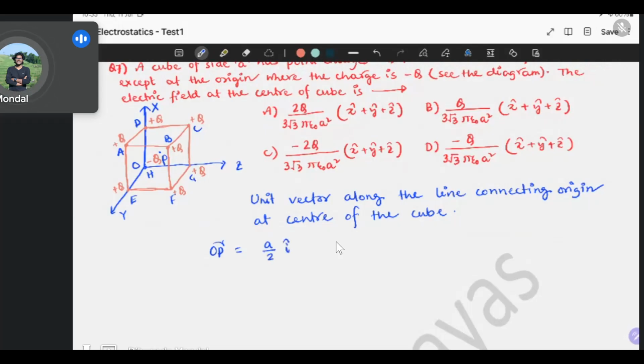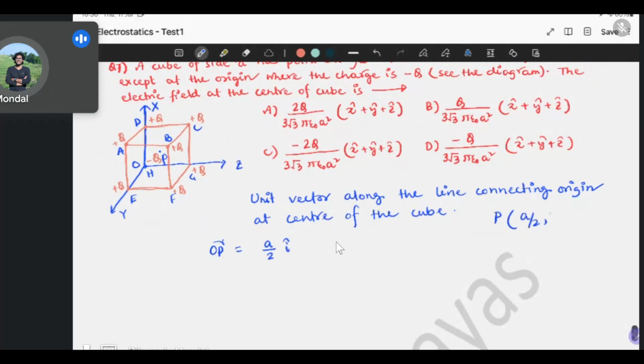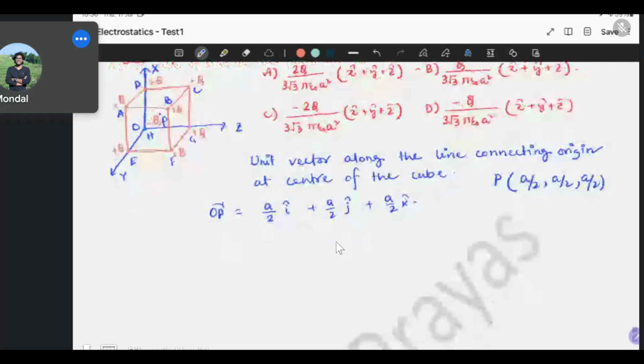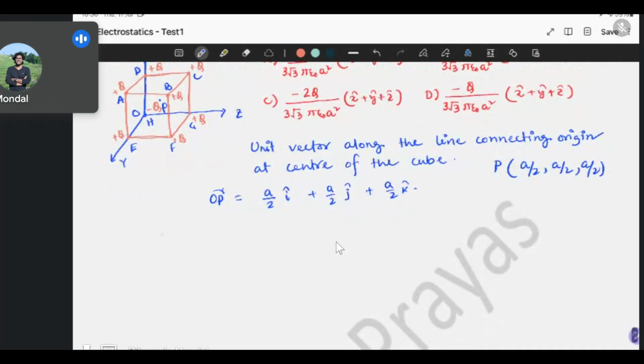So what will be the coordinate of this point P? The coordinate of the point P will be a by 2, a by 2, a by 2. So the vector will be a by 2 i cap, a by 2 j cap, a by 2 k cap, right? The unit vector along OP is OP divided by mod of OP. What is the mod of OP?